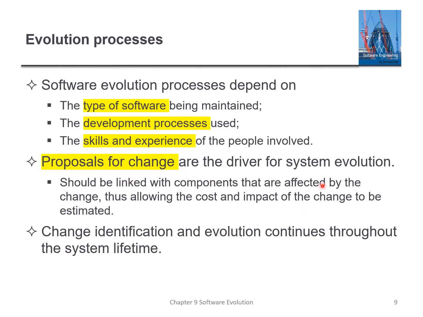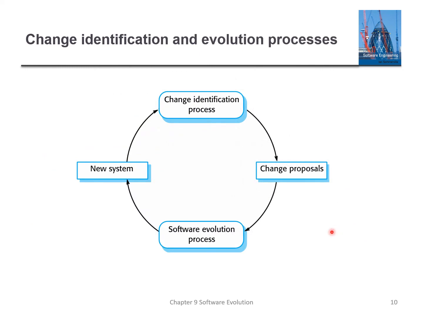Right, the key driver for software evolution is a proposal for change. There is a request made by the user to change it. So we start off, for example, with the system running, and then there is a change proposal.